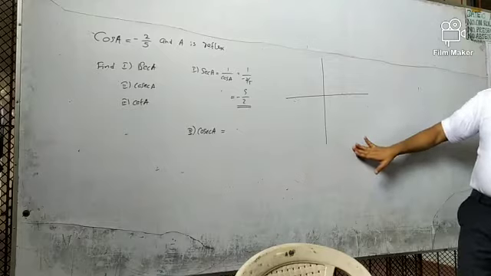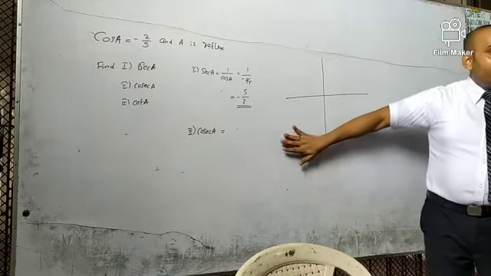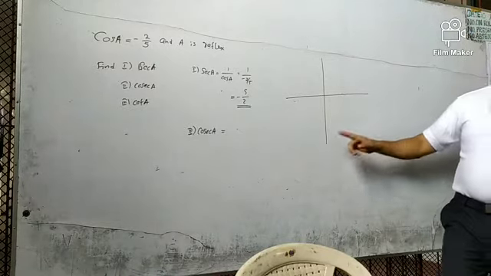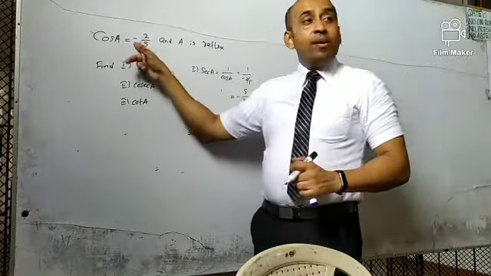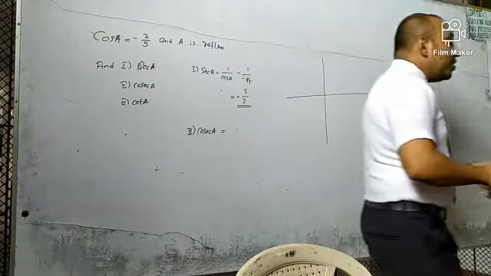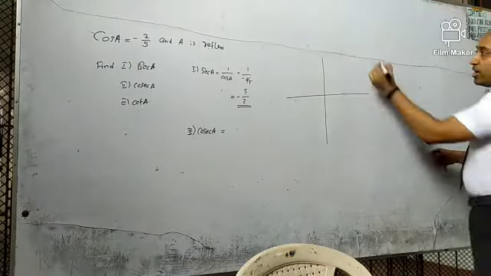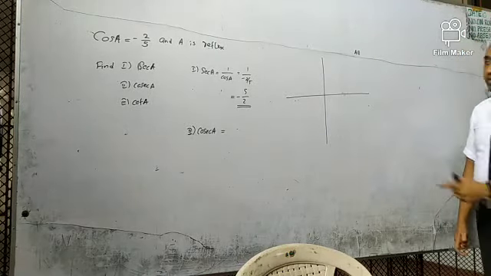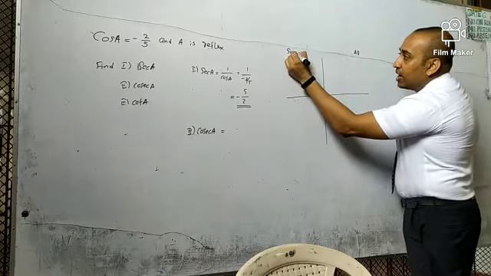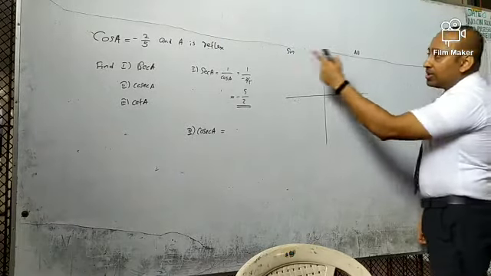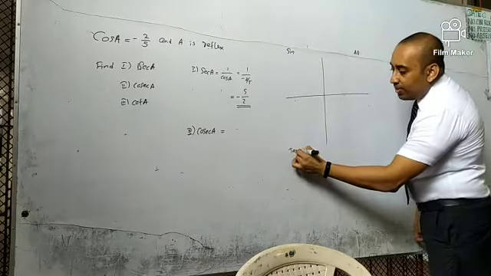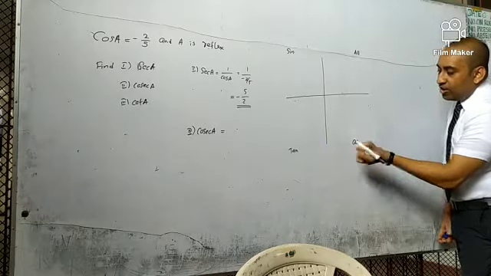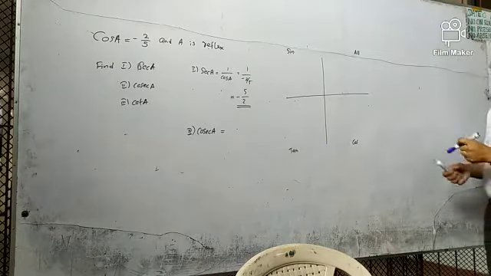Then how do we verify whether it comes to this one or this one? They have given us the cos value as a negative value. We know that in our quadrant theory we have already learned that over here all angles are positive, here sine values are positive, here tan values are positive, and here the cos values are positive.